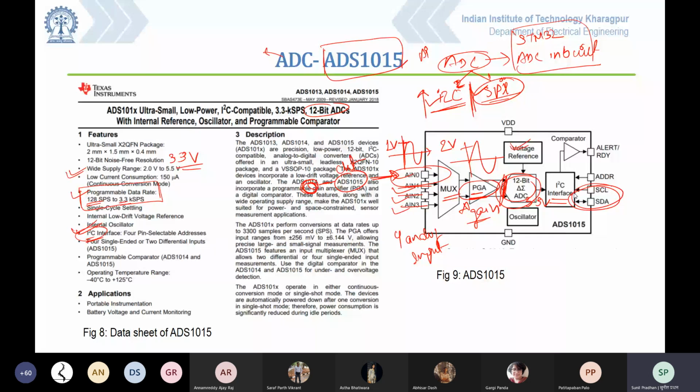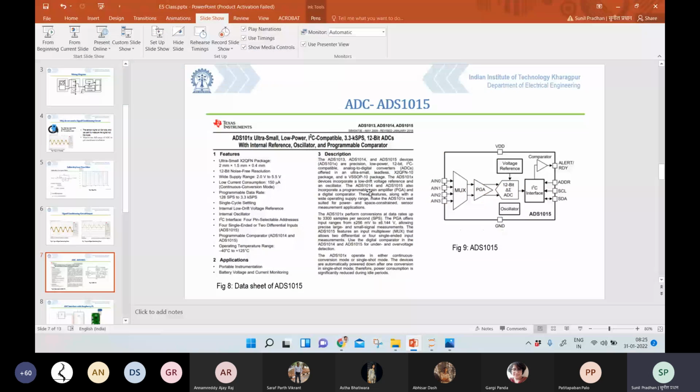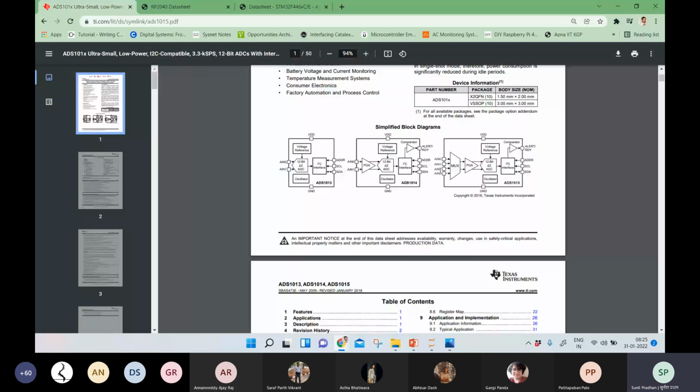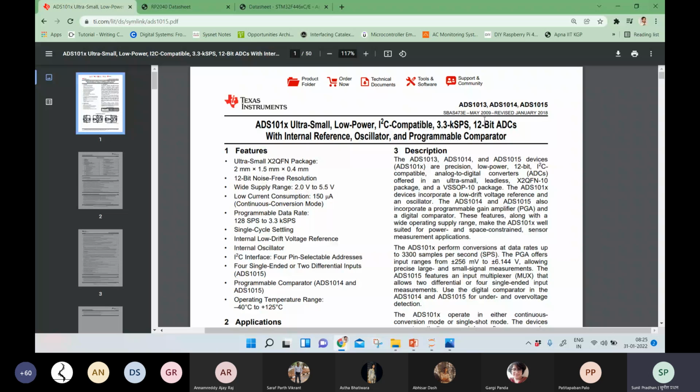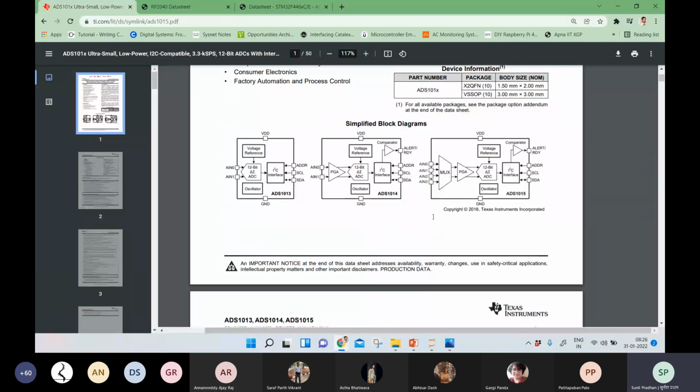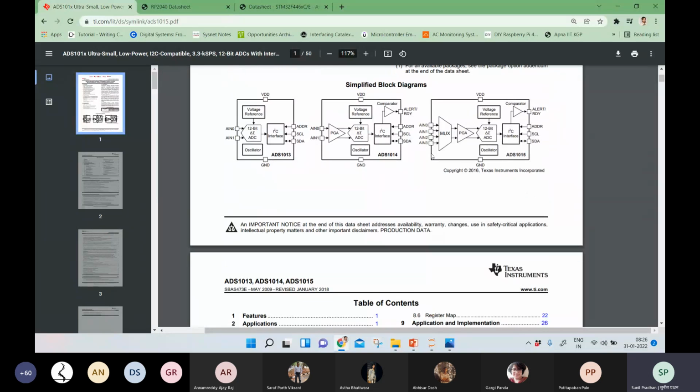If I tell you something more about the ADC, let me take you to the data sheet. Here there are three ADCs: 1013, 1014, 1015. They are from the same family, with small changes like the number of channels. Here we can interface two analog channels at a time, whereas in this 1015, which I was using, we can interface four channels.